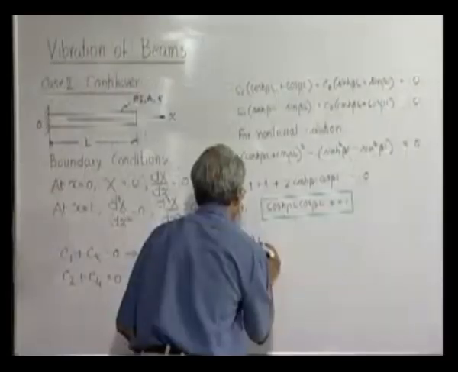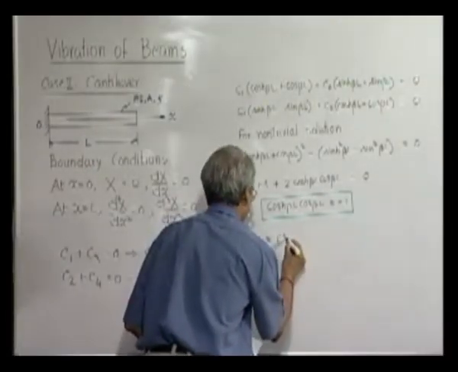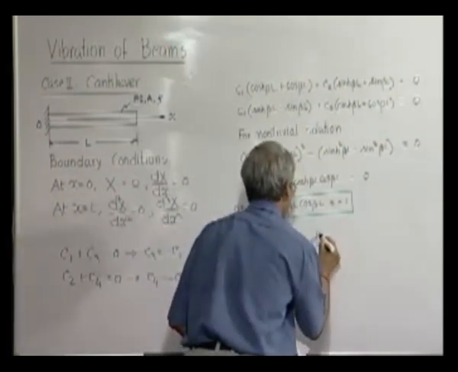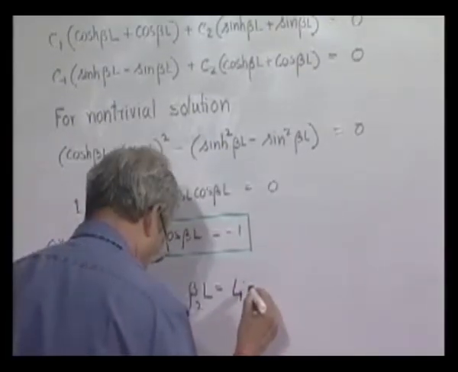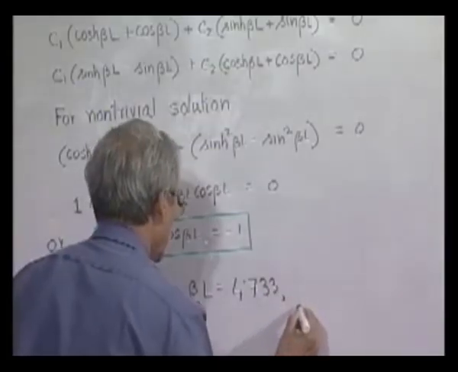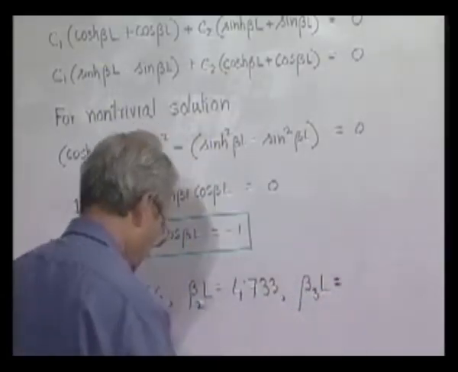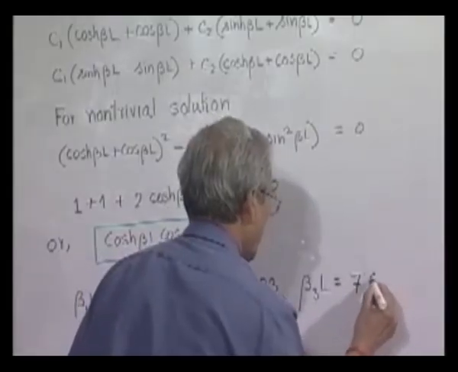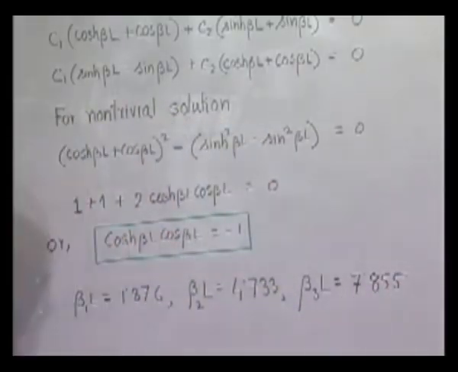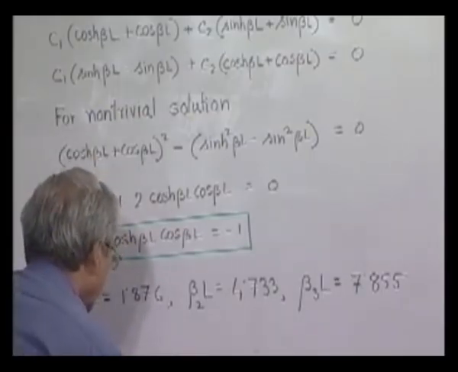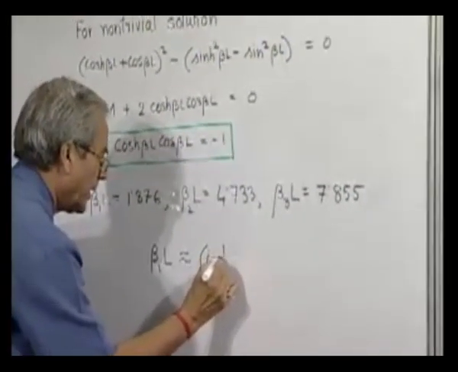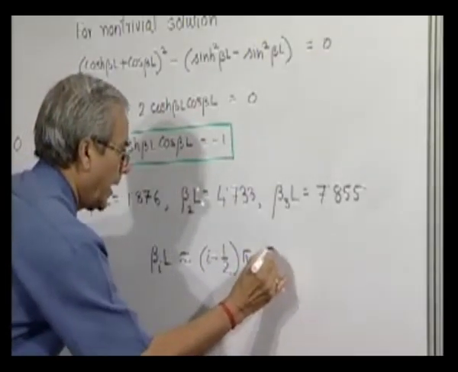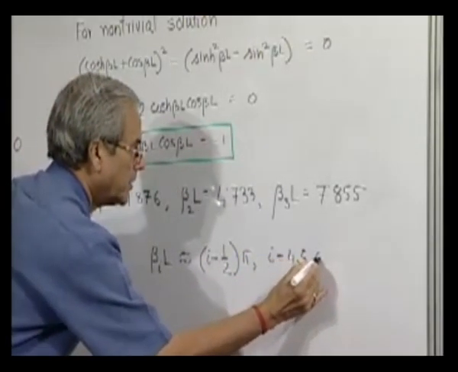So beta 1 L is equal to 1.876, beta 2 L equal to 4.733, and beta 3 L equal to 7.855, and when you go above beta 3, then there is a relationship: beta i L is approximately equal to (i minus half) pi.